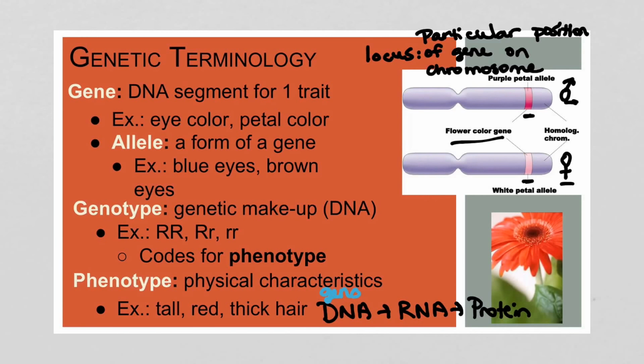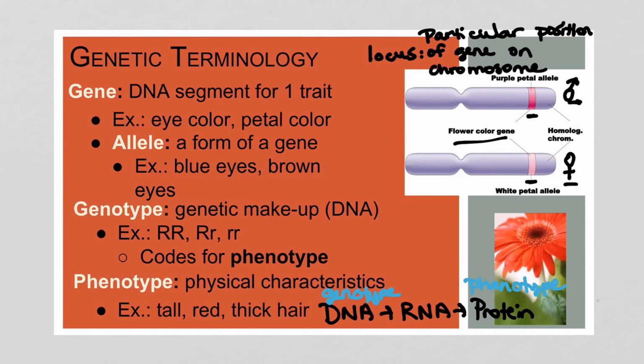And then what actually gets expressed is the phenotype. So the genotype is an individual's particular combination of DNA or alleles. And the phenotype then would be whatever proteins are being expressed to generate the physical characteristics that you see when you're looking at an individual organism.